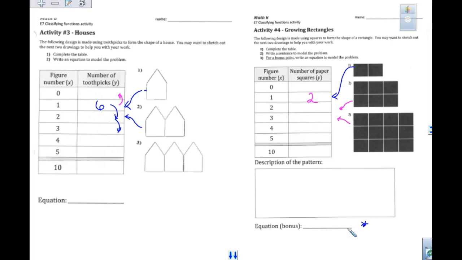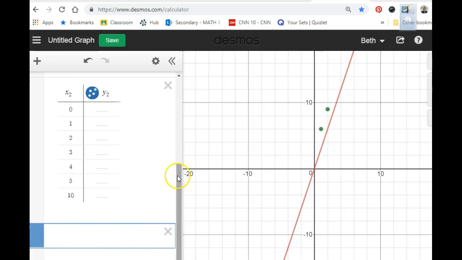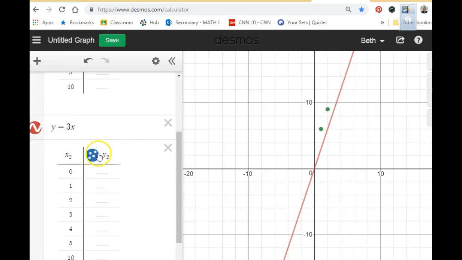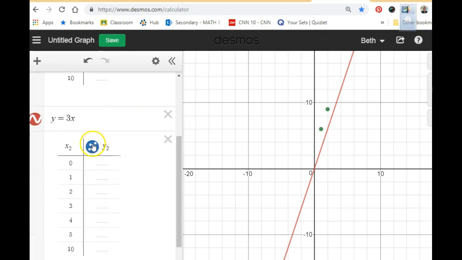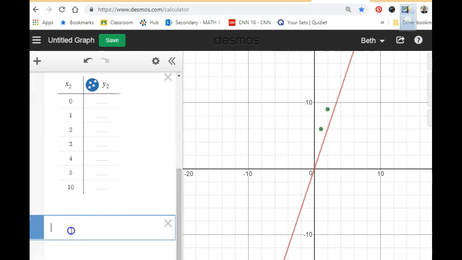So after you do the table, remember you can always, when you're on the Desmos calculator, you can turn these off. Like if I click on this, I can tell it to not show. So like up here, if I don't want it to show those points, I click on that one. If I've put this equation in and I got it to work, then I can turn those off. So then I might go to this one and put in the table, and then I put my equation. My equation is always going to be a y equals, and then it's probably going to be something with x.